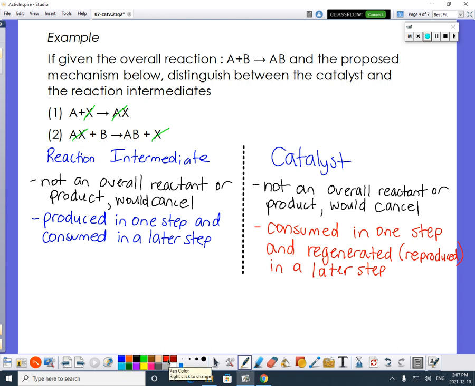So I'm going to use red to help emphasize, okay? So X is a reactant in step 1, and then it's reproduced in step 2.